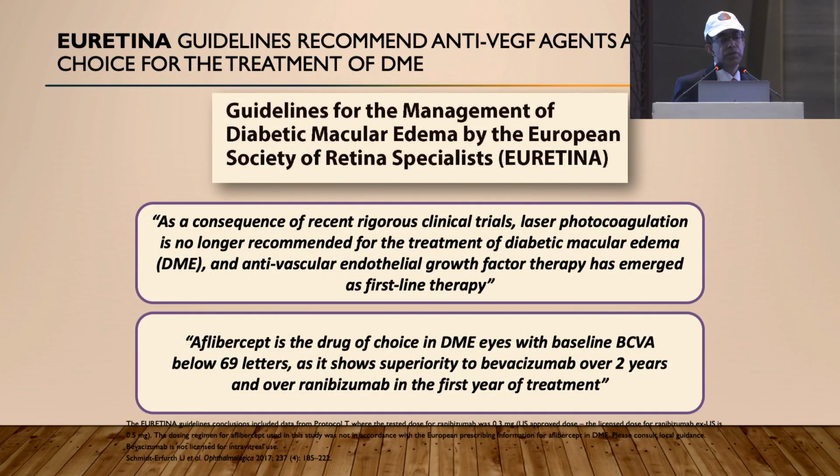So these are the EURETINA guidelines for the management of DME, which say that as a consequence of recent rigorous clinical trials, laser photocoagulation is no longer recommended for treatment of DME, and anti-VEGF has emerged as first-line therapy, and aflibercept is the drug of choice for DME in patients with baseline visual acuity below 69 letters.